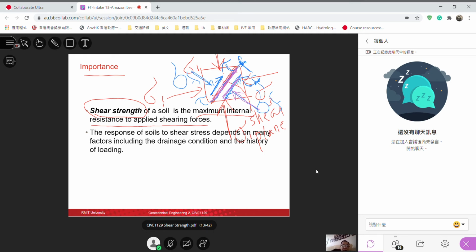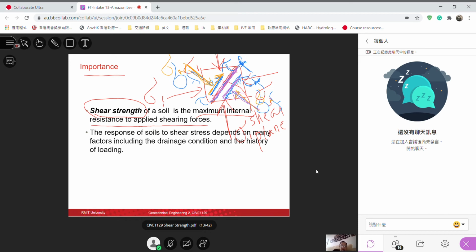On the other hand, the upper shear resistance, equal but opposite to the lower shear resistance, will be mobilized on the upper part of the shear plane. So the normal stress on the lower and upper part of the failure plane is the same, equal but opposite, and the shear stress across the potential failure plane is also the same magnitude but opposite direction, because it's just action and reaction.